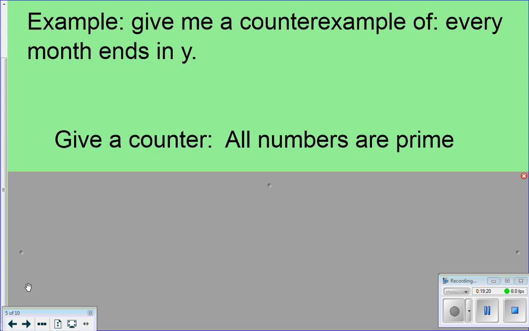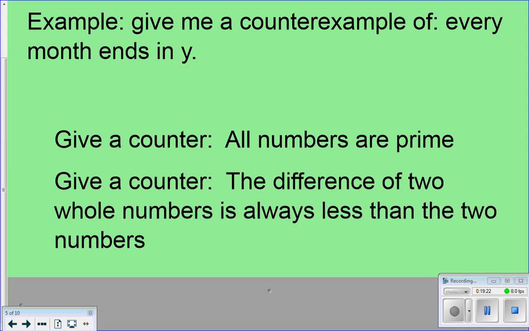All prime. What is this next one that I have here? The difference of two whole numbers is always less than the two numbers. What's difference mean? So the difference of two numbers, so the answer is always less than the two in the problem, is what it's asking. It is? Okay.